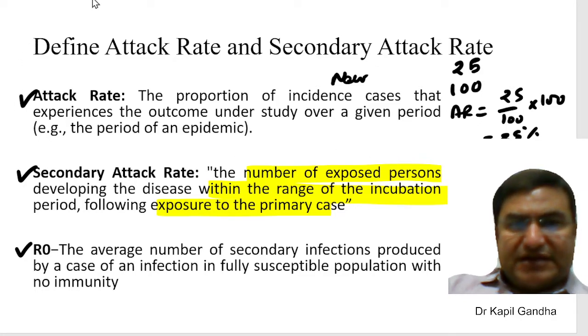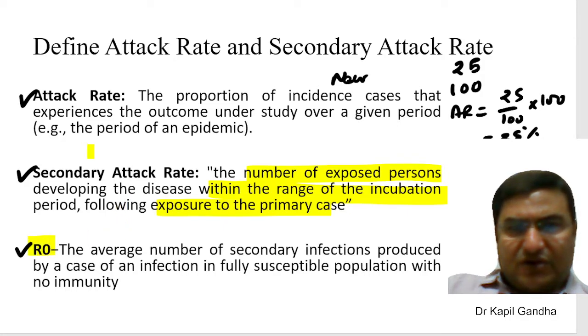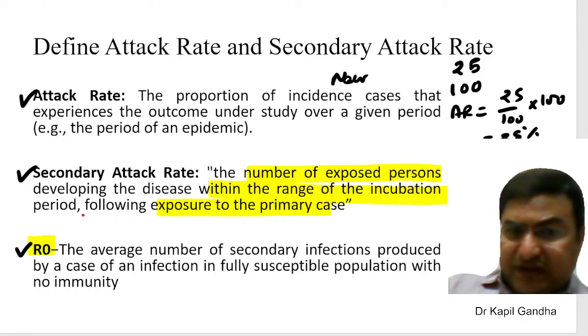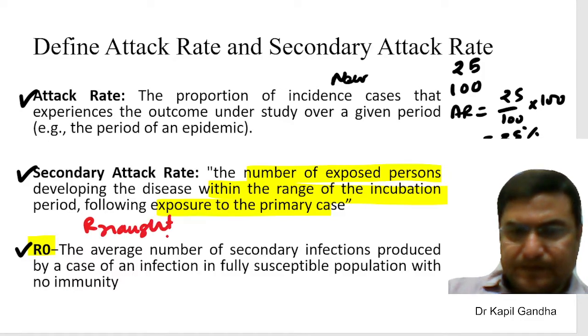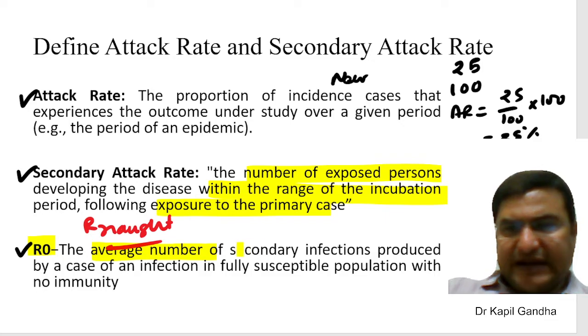One more new concept that we come across is R naught, or R0. So what is R naught? It is the average number of secondary infections produced by a case of infection in a fully susceptible population with no immunity.